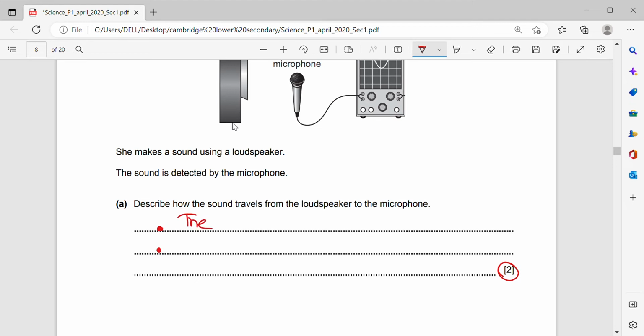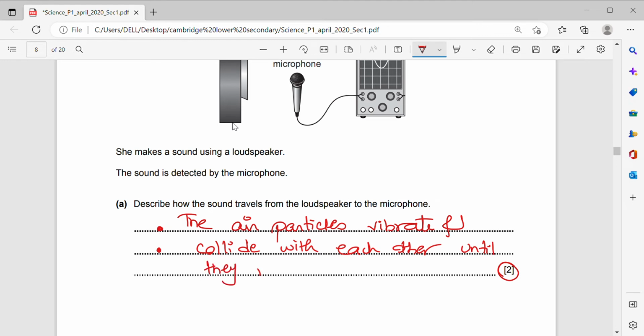So the air particles vibrate and collide with each other until they reach the microphone. You should mention here the vibration, the colliding till they reach the microphone.